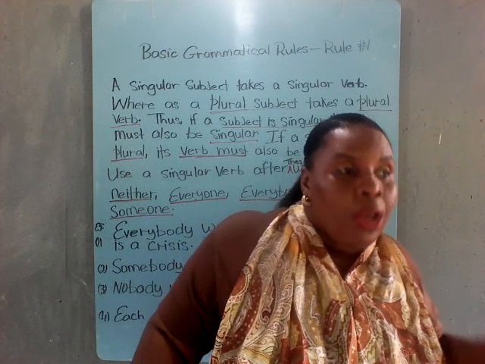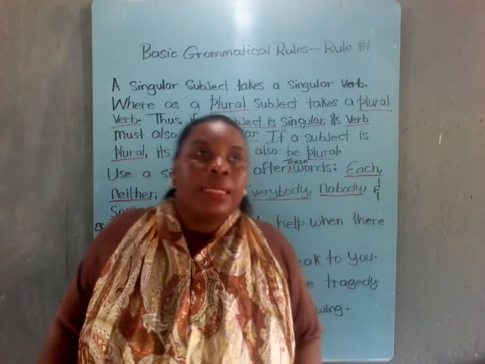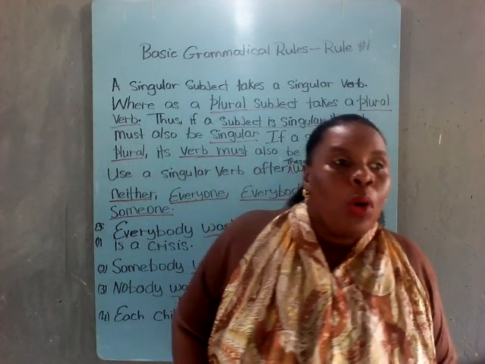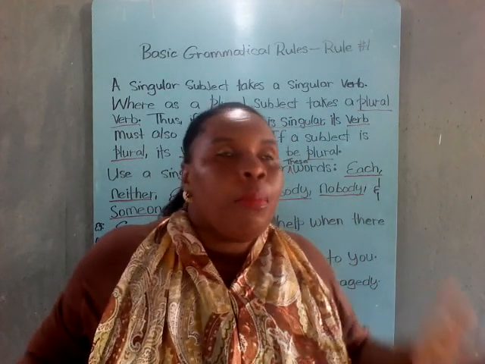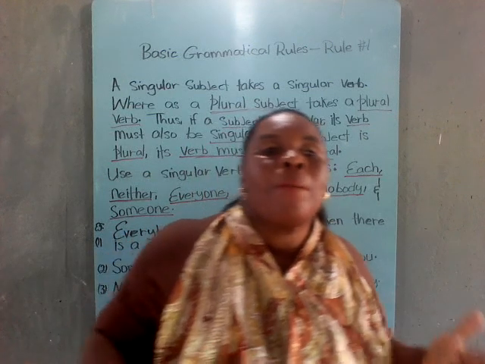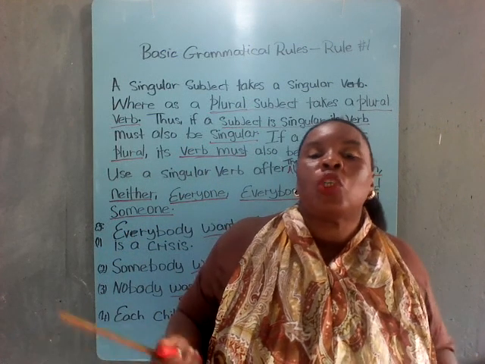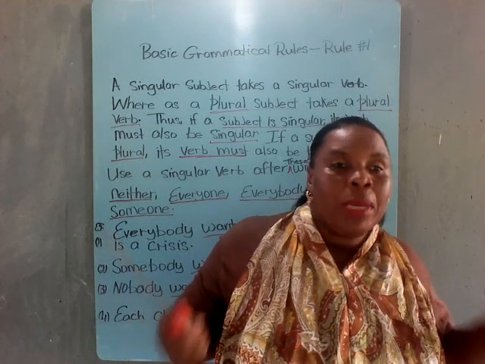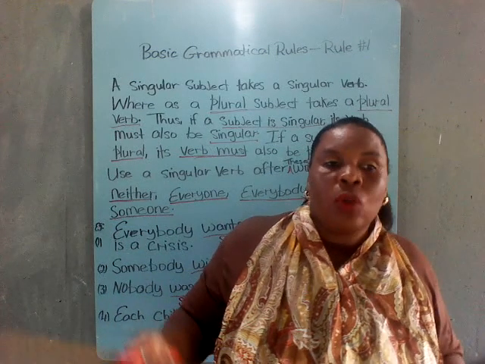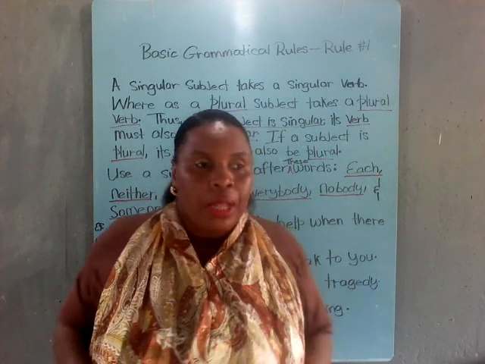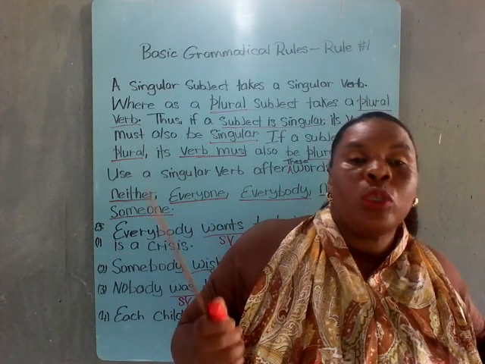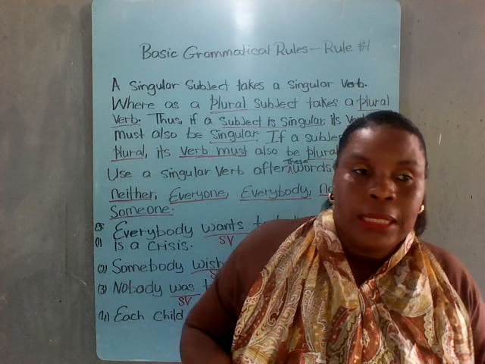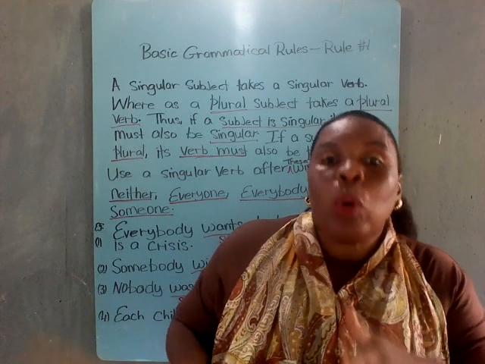So another example is: the box has many books which were placed on the shelf, or was on the shelf. The subject wouldn't be the boxes, wouldn't be the books.